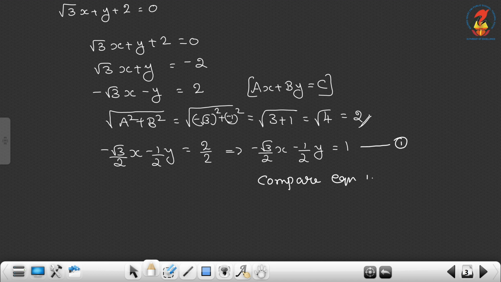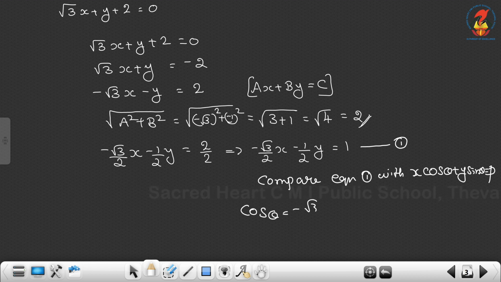Compare equation 1 with x cos theta plus y sin theta is equal to p. So cos theta is equal to minus root 3 by 2 and sin theta is equal to minus half and p is equal to 1.